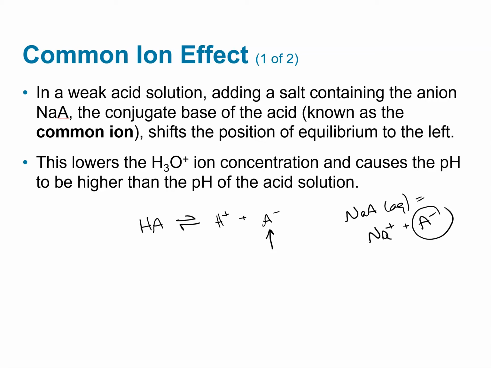Well, if we're increasing the level of our conjugate base in this equilibrium, that's going to push our equilibrium back towards our reactant, or in this case to the left, towards our weak acid. So the addition of these sodium salts of the conjugate base is going to shift equilibrium to the left, and this is known as the common ion effect. So this lowers the concentration of hydronium ion in solution and causes the pH to be higher than the pH of the acidic solution would be otherwise.